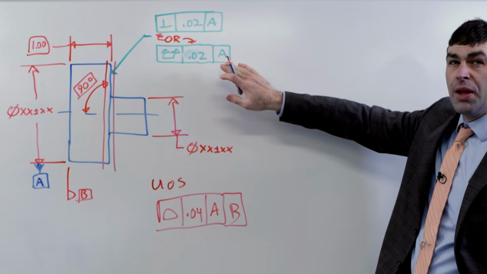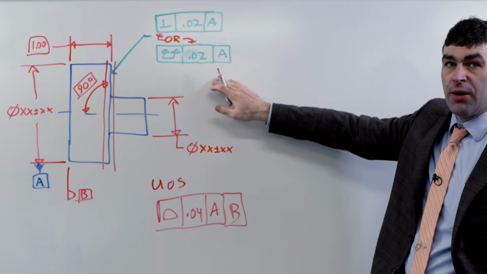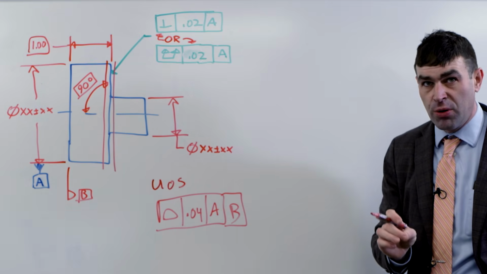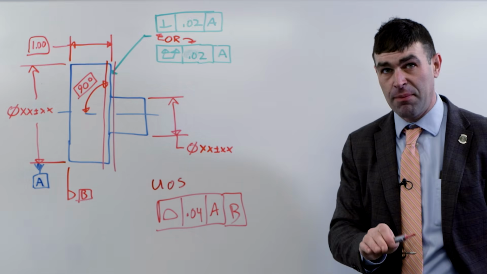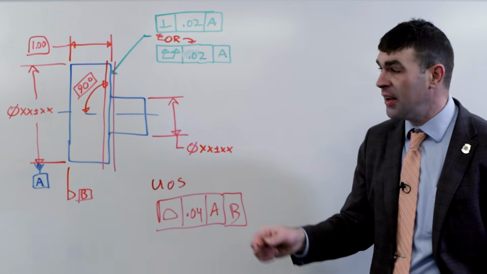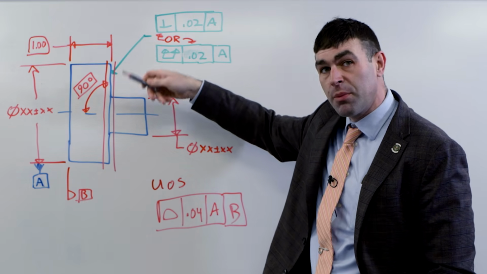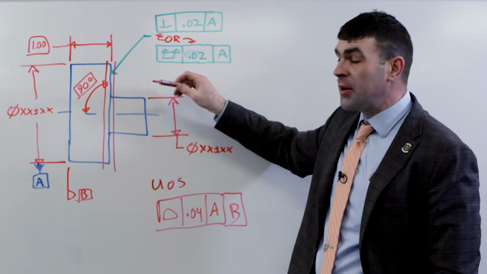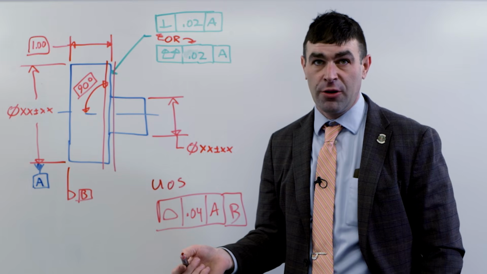What about total runout? The same thing about location applies with total runout. Runout can never control the location of something, because the classic example, and I know this is not shown in Y14.5-2018, the classic example is you put your indicator, zero it, and then spin the part 360. If you can zero your indicator on the part, you're not measuring location.